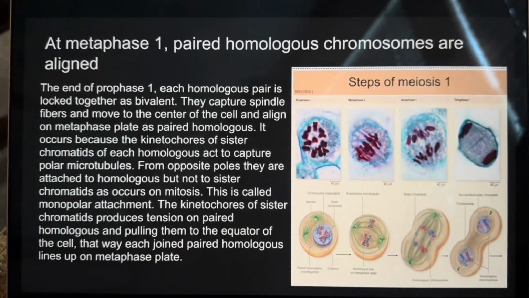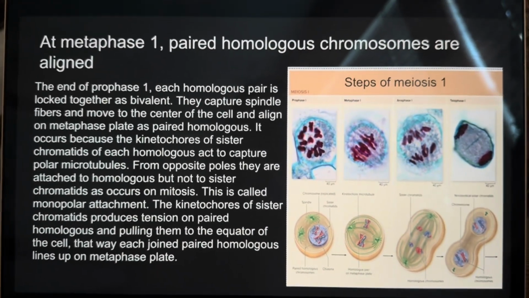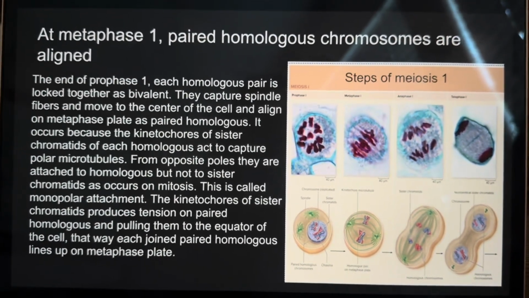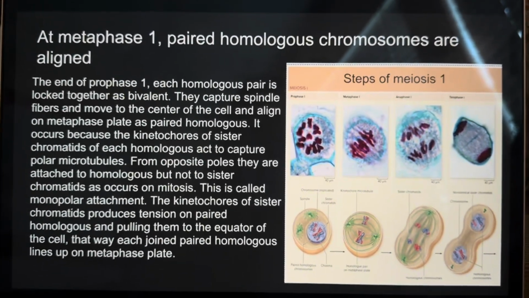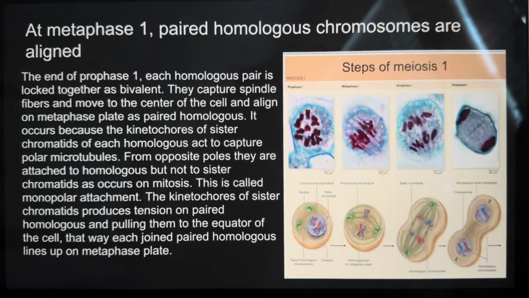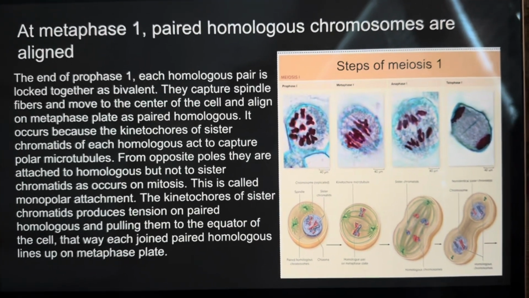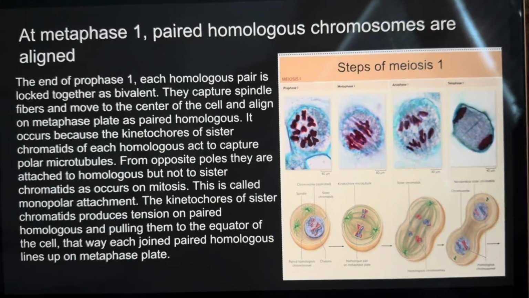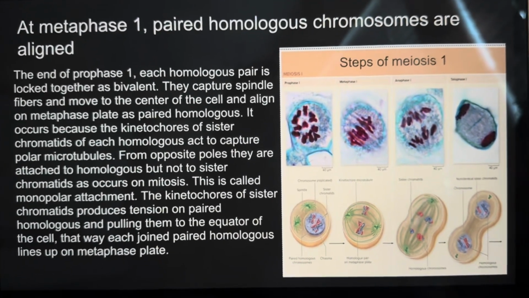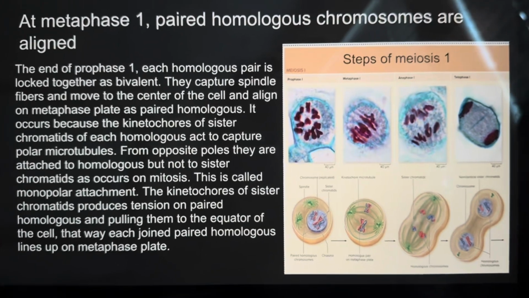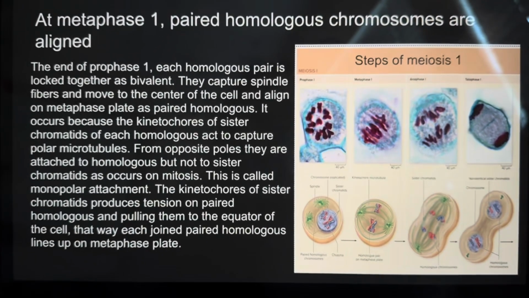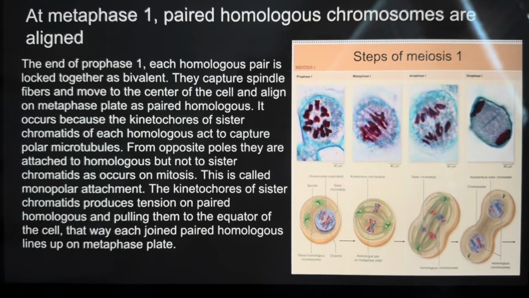At metaphase 1, paired homologous chromosomes are aligned. At the end of prophase 1, each homologous pair is locked together at the chiasmata. They capture spindle fibers, move to the center of the cell, and align at the metaphase plate as paired homologs. This occurs because the kinetochores of the sister chromatids of each homolog act to capture polar microtubules from opposite poles.